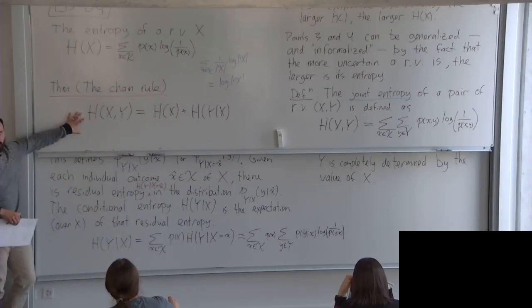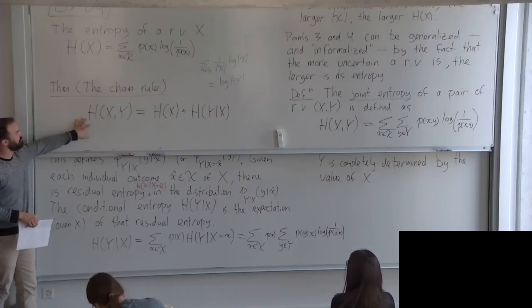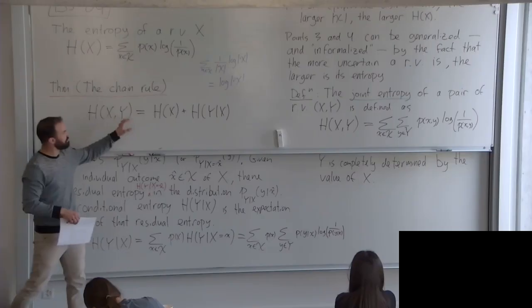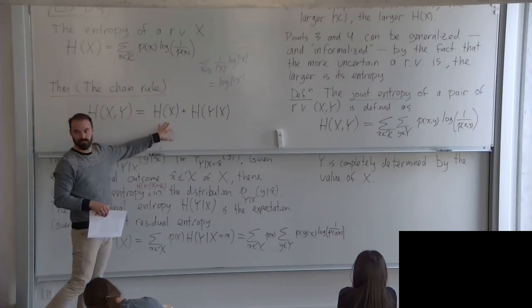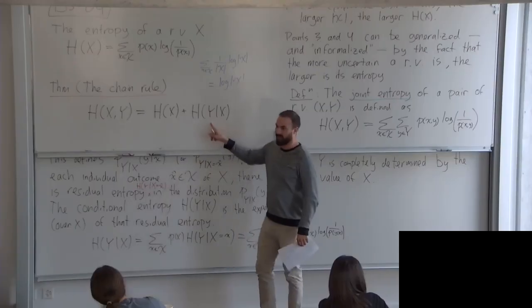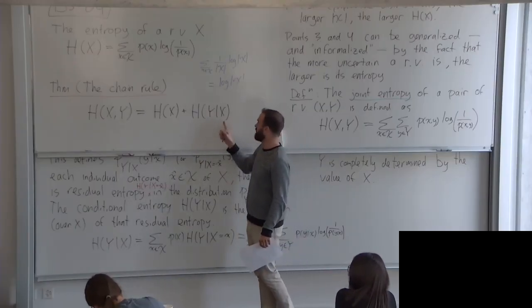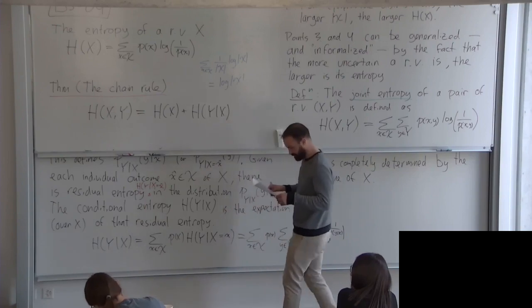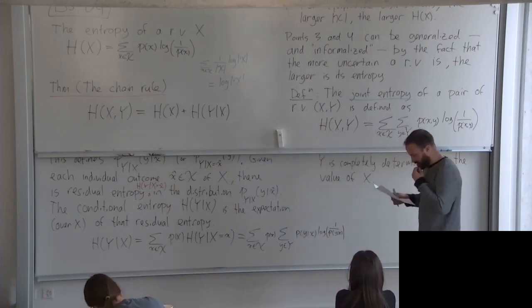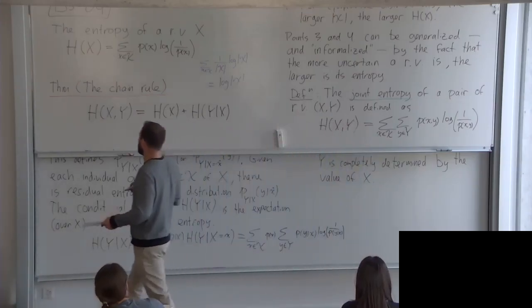If I have a pair of random variables and I want to appreciate the uncertainty of that pair, it's the uncertainty in one of them plus what's left as uncertainty, the uncertainty in y given that I already know x. And the proof is in the problem sheet.